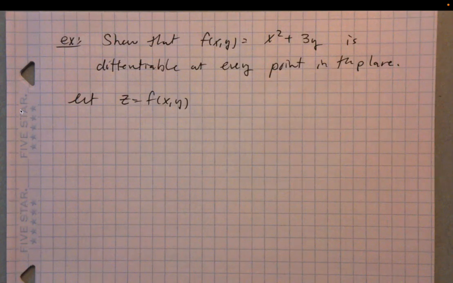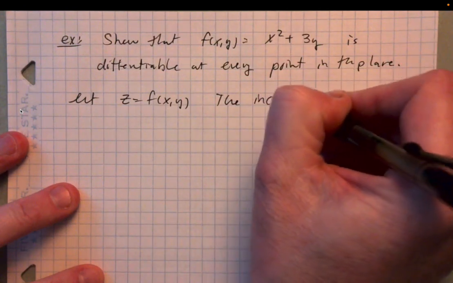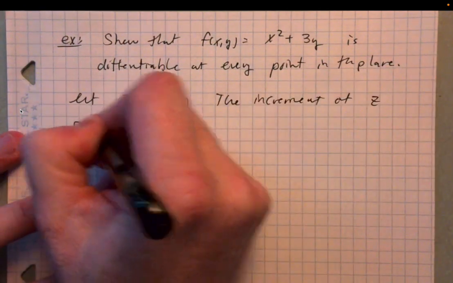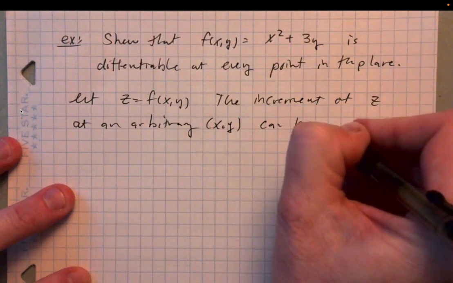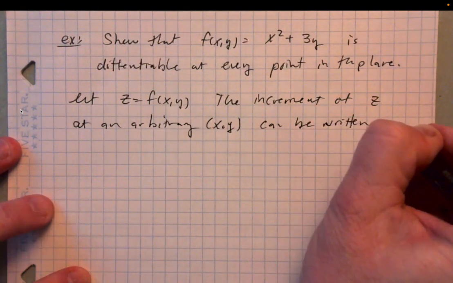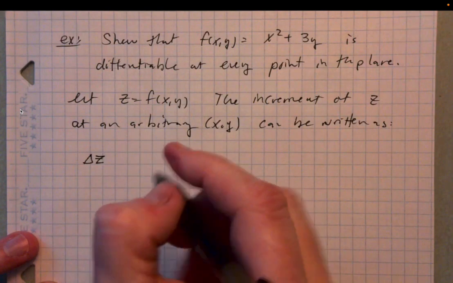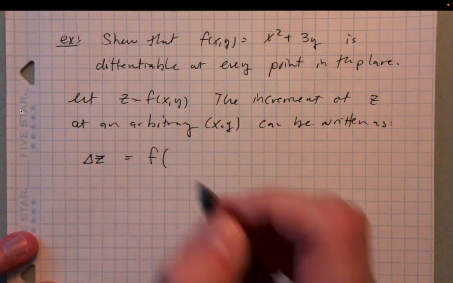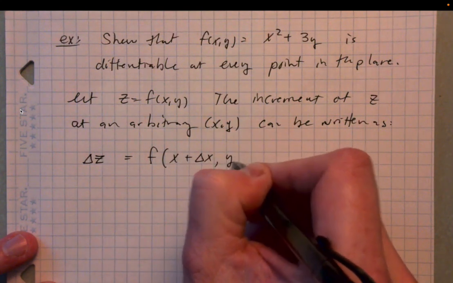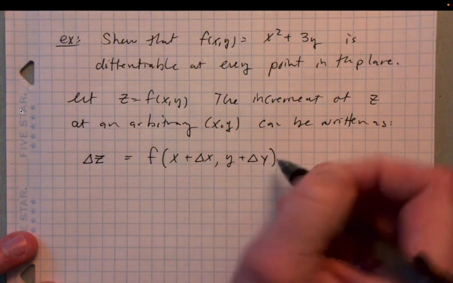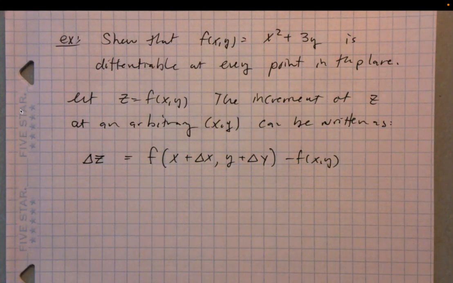Then the increment of z at an arbitrary point x, y in the plane can be written as, well, your delta z, the increment of z, is going to be equal to f of x plus your x increment and y plus your y increment, and then minus your starting point. This represents the increment in z, whatever that movement is.